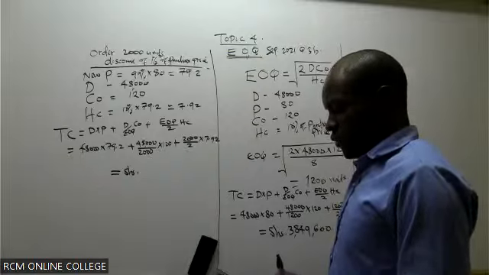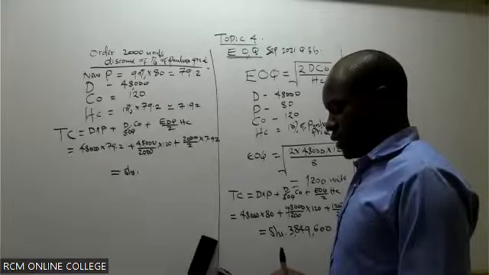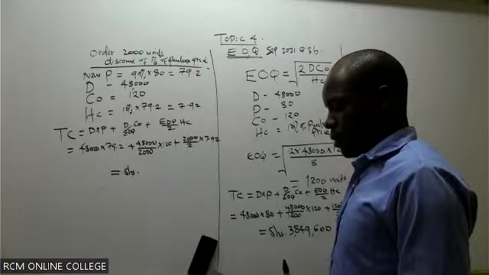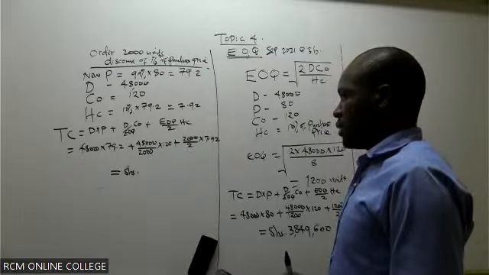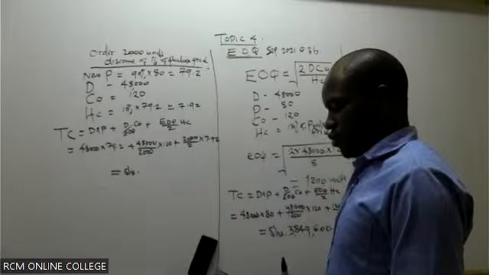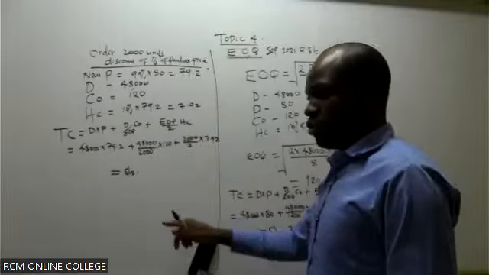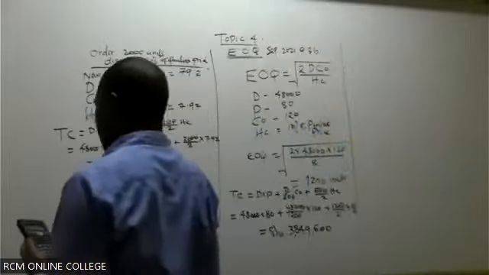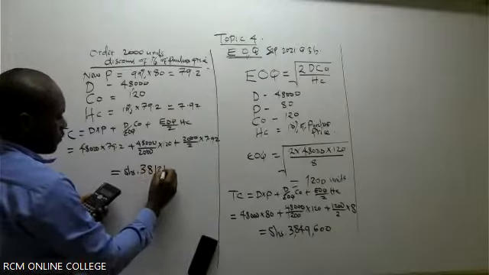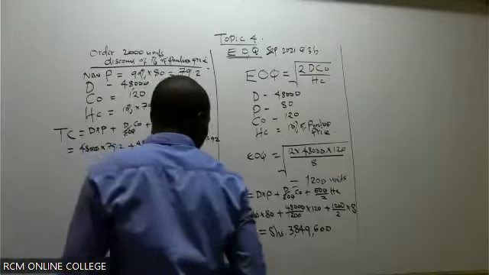We add 48,000 times 79.2, plus 1,000 times 7.9. This one should be giving us 3,812,400. So whoever is getting something away from this, just know something is wrong.